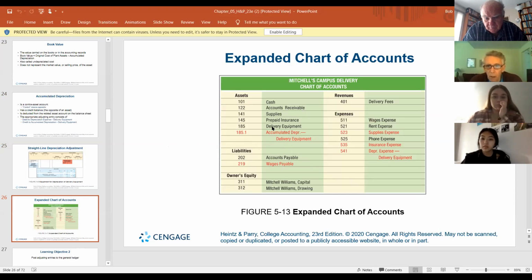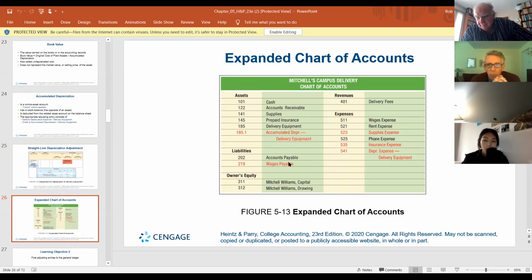We have the delivery equipment, 185, and their system adds a tenth or a point here, 185.1, to represent the accumulated depreciation on the equipment. We introduced wages payable.